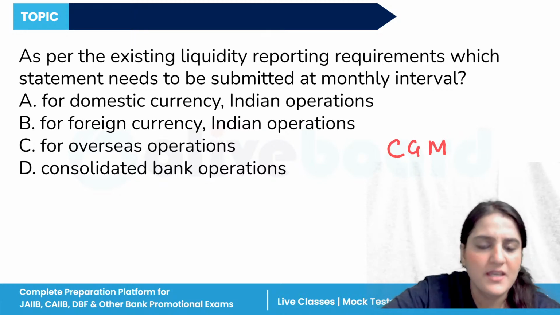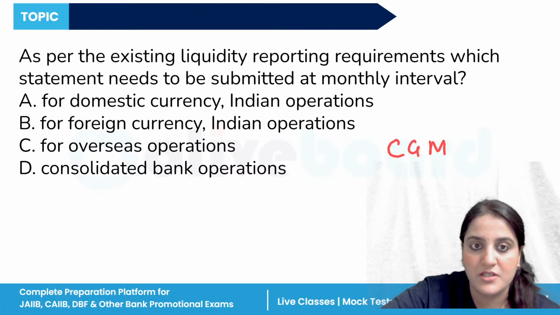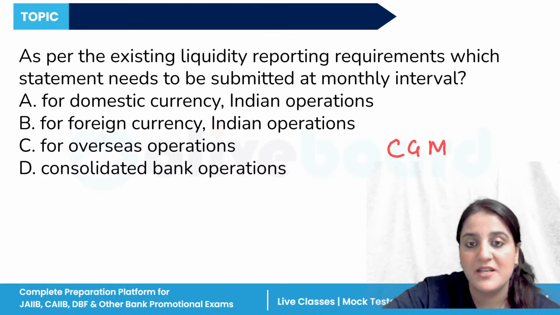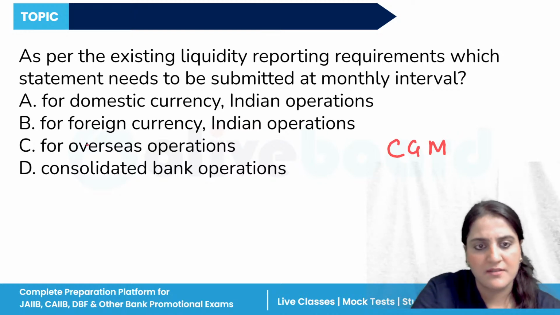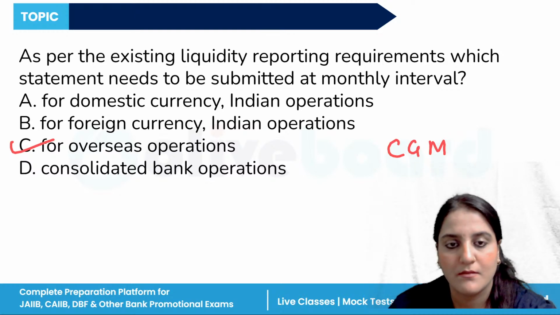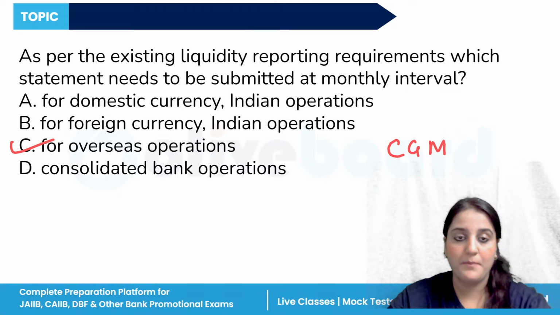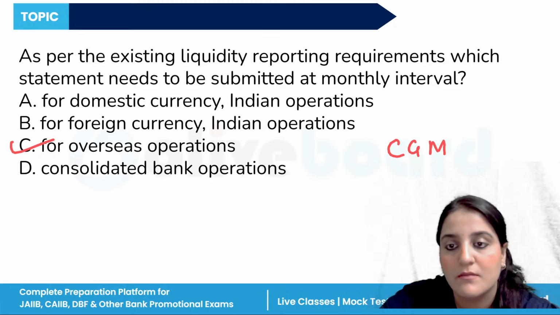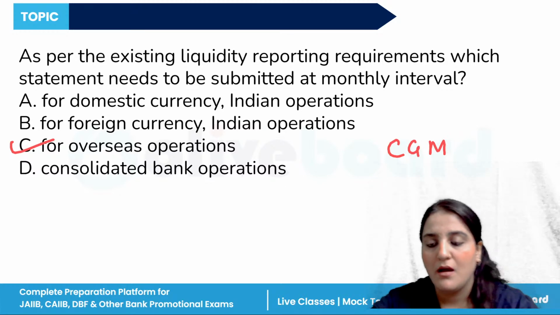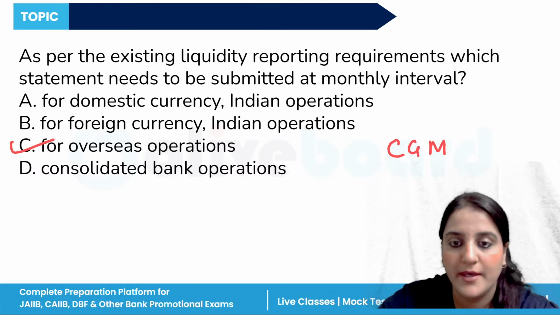The periodicity with respect to the statement of structural liquidity for the overseas operations is monthly, that is required to be submitted at monthly intervals. So option C is correct here. Option C, overseas operations. Why foreign currency Indian operations? Option C is correct. Okay.